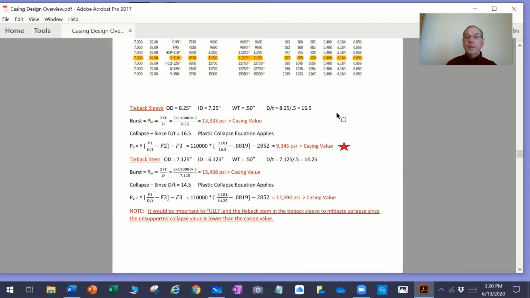Now you'll notice if you look at the table that this collapse value for the tieback sleeve is less than the casing. And I'll give a tidbit about that here in a minute. So I put a star on it because that collapse value is less than the casing value. Now the tieback stem has an OD of 7 1/8 with an ID of 6 1/8.